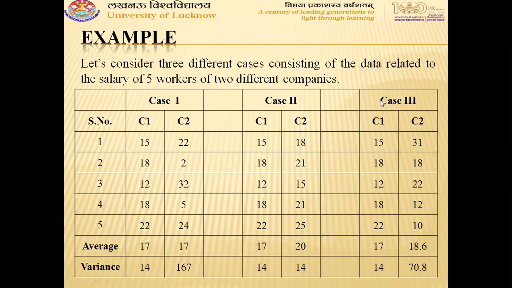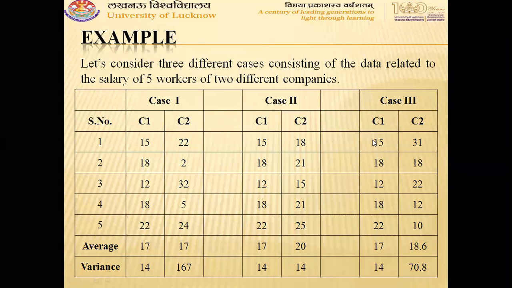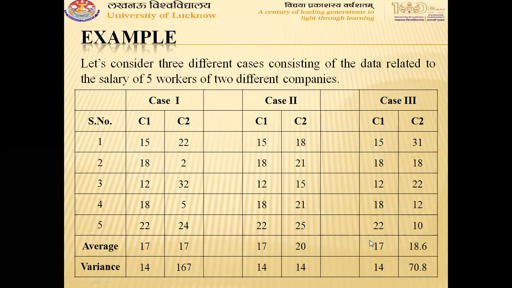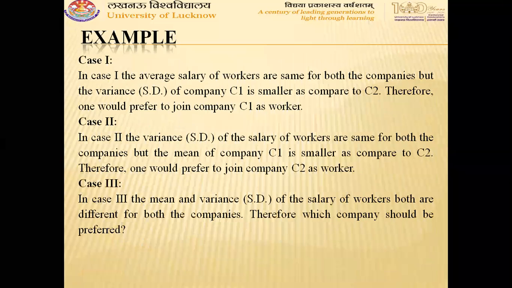Now we come to case 3. Here we can see that the average income or average salary differs, as well as the variances are also different. So in that situation, which company should we prefer, either C1 or C2? That cannot be decided easily.